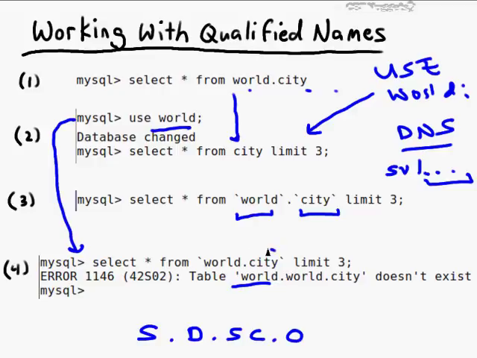And it assumes that this is the table name, that this is what's called a string literal. And of course, you don't have a table called world.city, or at least we must not in this example, because the MySQL parser is returning error 1146, basically object not found.